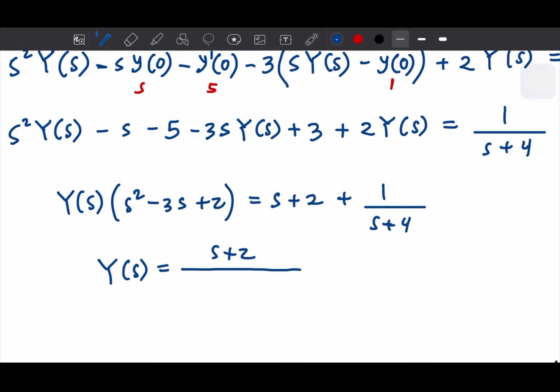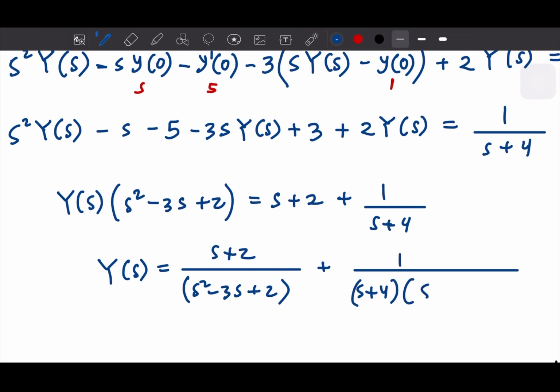So it takes time. And then plus this part is going to have s plus 4 and s squared minus 3s plus 2.